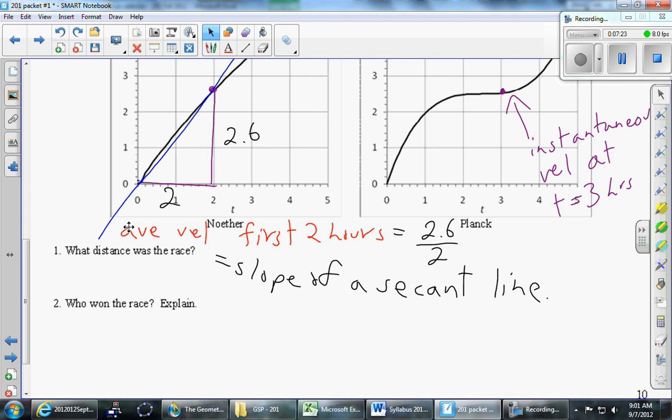So a bunch of groups came up with the really, really good idea to say, okay, I could find the average velocity between 0 and 3. I could find the average velocity between 2 and 3. I could find the average velocity between 2.9 and 3, and really whittle down and get down to this sort of tiny fraction of a moment, which is the moment we're interested at exactly t equals 3 hours.